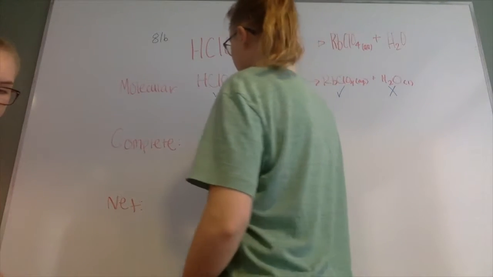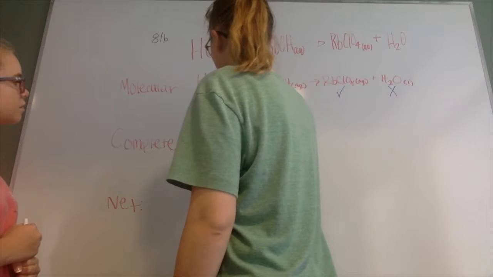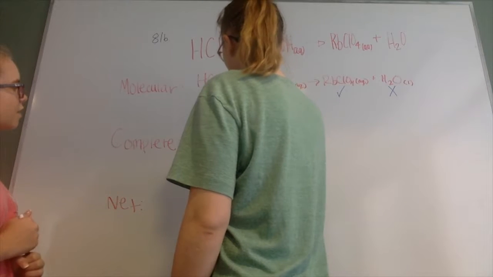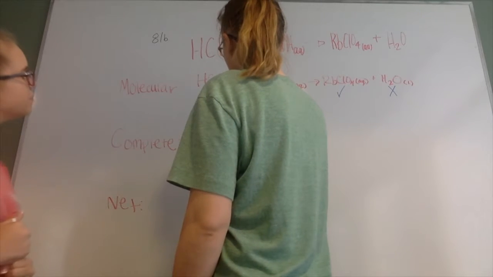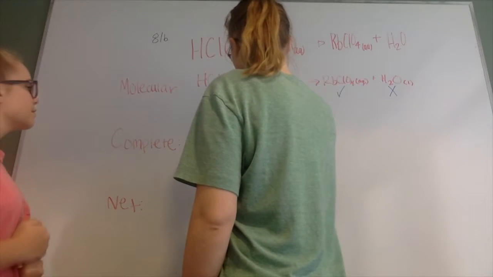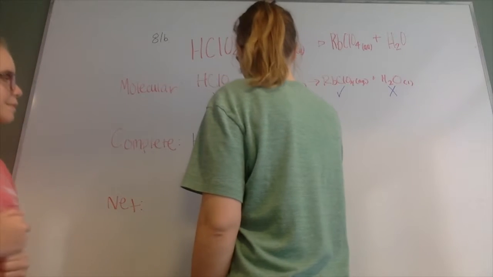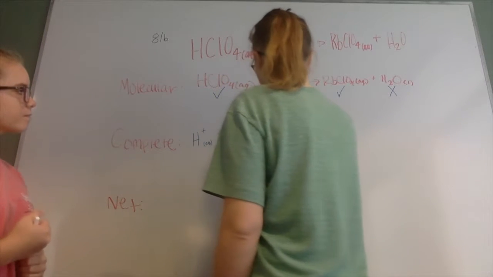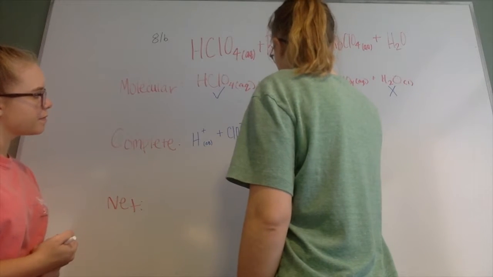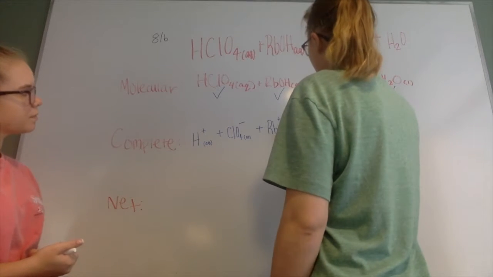So for our complete ionic equation, we're going to have hydrogen, which is a plus, and that will be in its aqueous form. And then we're going to do perchlorate, and that's a minus charge. We have rubidium, which is a plus charge, and that's aqueous as well.